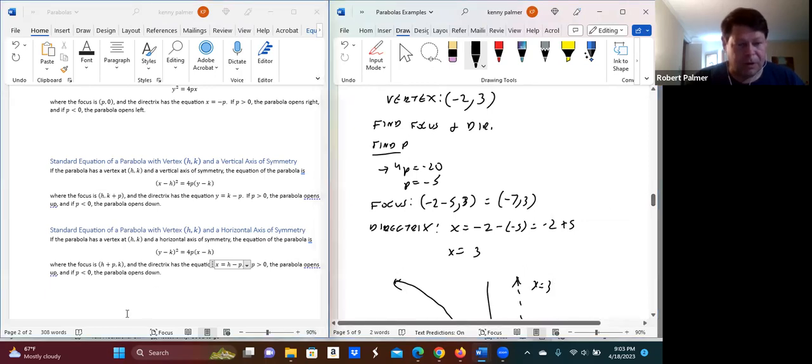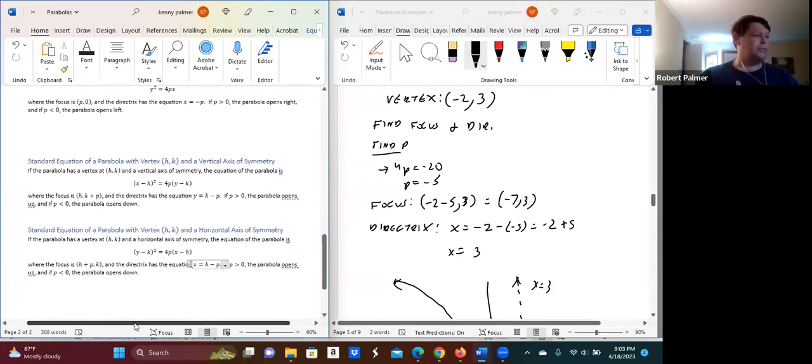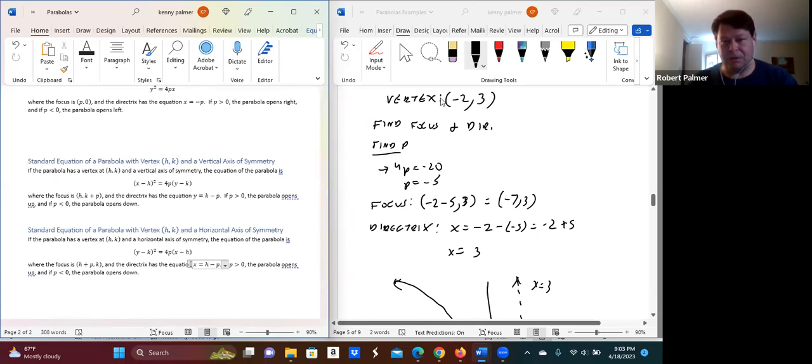Okay, so look back over here. Our focus is h plus p. So h is negative 2, p is negative 5. That's negative 7, 3. Then the directrix is h minus p, so negative 2 minus p.